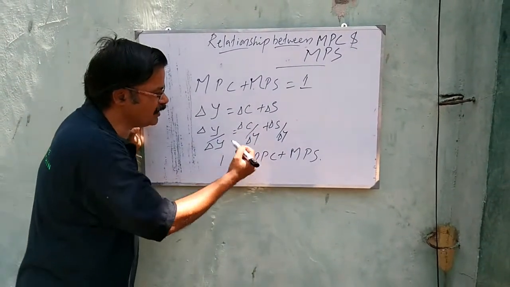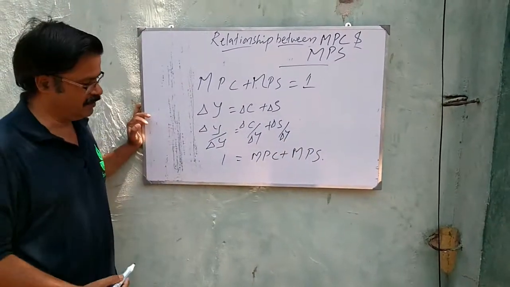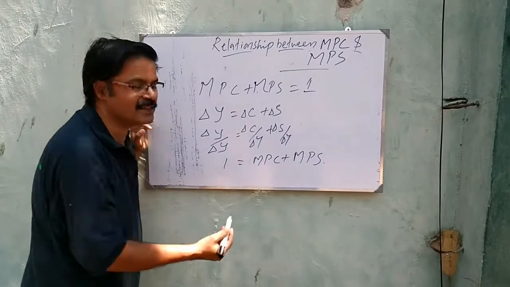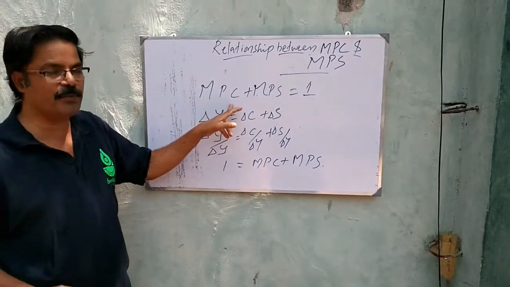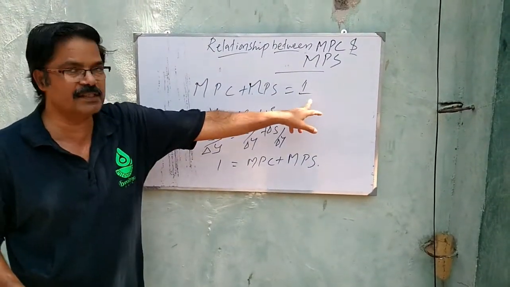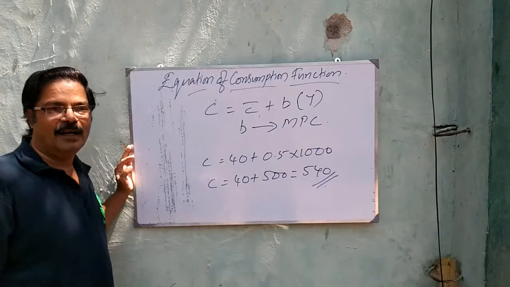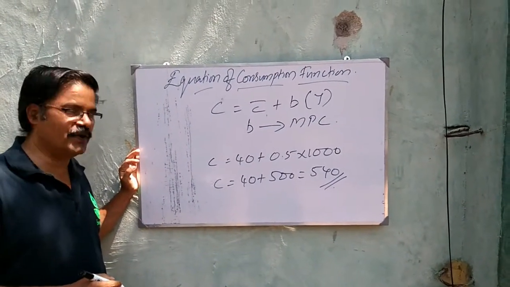And delta C by delta Y is MPC and delta S by delta Y is MPS. So 1 is equal to MPC plus MPS. From this we can understand that the sum total of marginal propensity to consume and marginal propensity to save is always equal to 1. Now let us go on to the equation of consumption function.